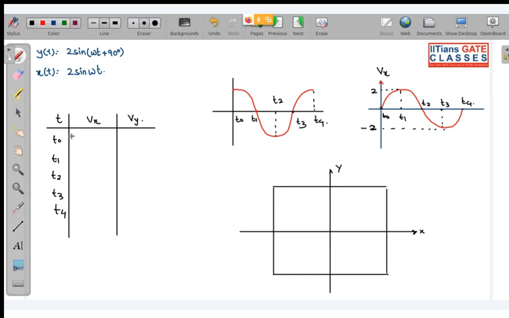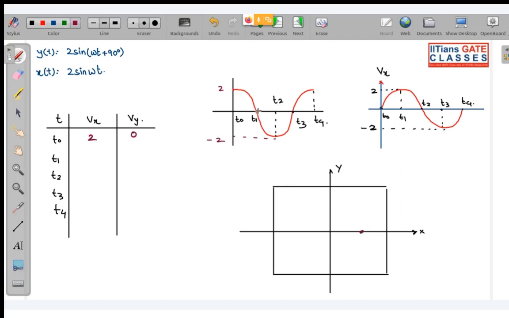At T0, over here this is 2, this is minus 2. So at T0, Vx is equal to 2, Vy is equal to 0. Where will this point be? It will be someplace over here. Means the electron corresponding to this 2 volts will strike the screen over here.